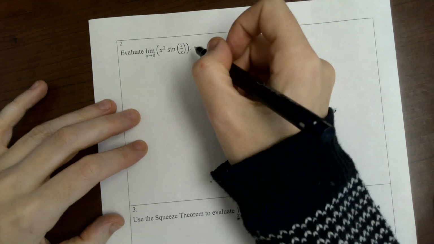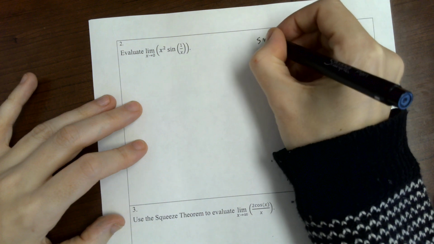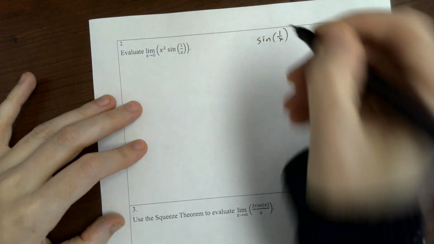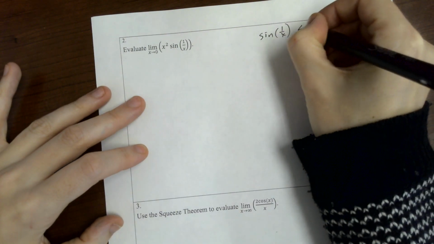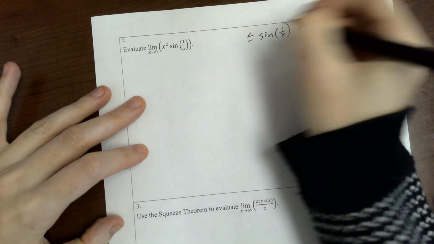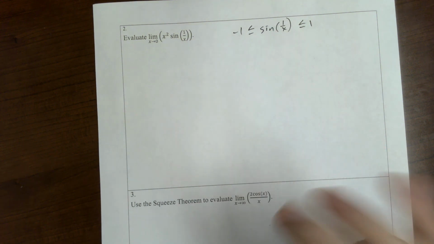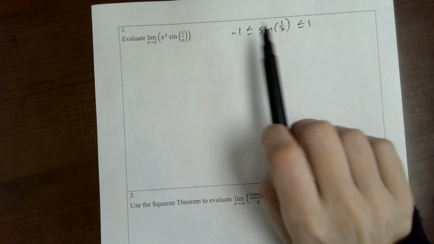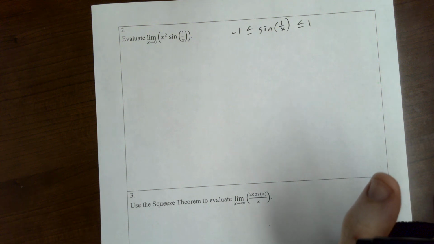What I'm going to do is take off to the side just the sine part. What do I know about sine? I know that sine has to always be between -1 and 1. So sine is greater than or equal to -1 and less than or equal to 1.